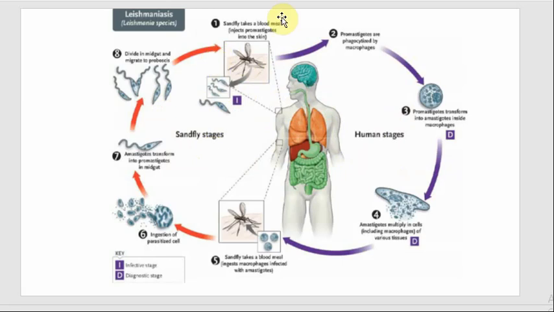The sandfly الإصابة تبدأ when the sandfly takes a blood meal will inject the infective stage to the blood stream of the human، والinfective stage نسميه البروماستيجوت.